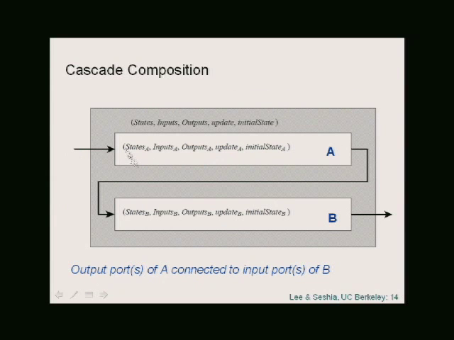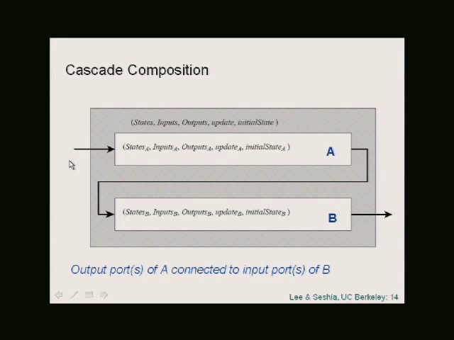Let's look at an example of cascade composition. We'll go back to the traffic light example from chapter 3, except that we're going to add a pedestrian light to the traffic light. What we had earlier was this traffic light, where we had 4 modes of the traffic light controller corresponding to the colors of the traffic light signal.